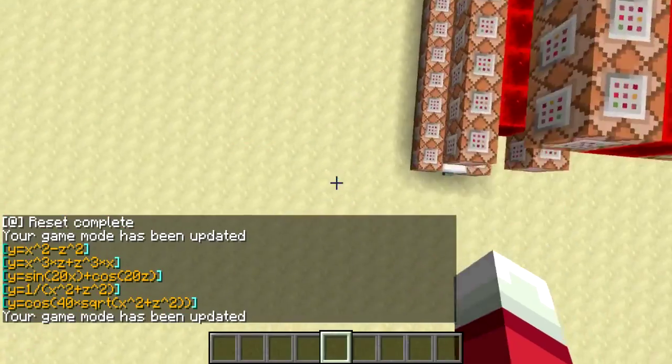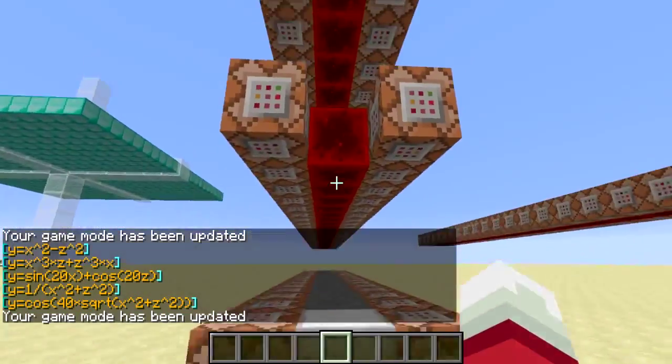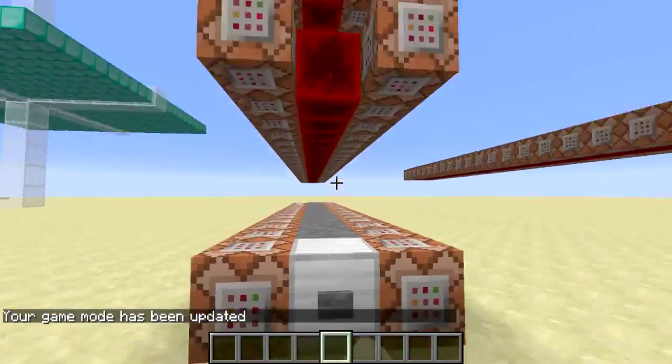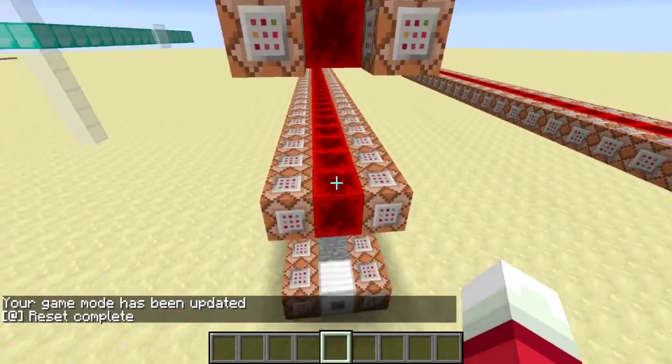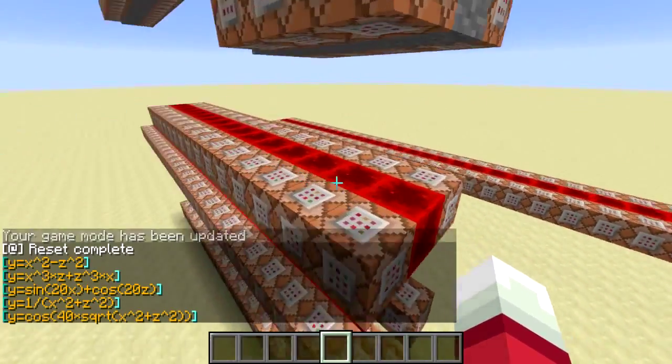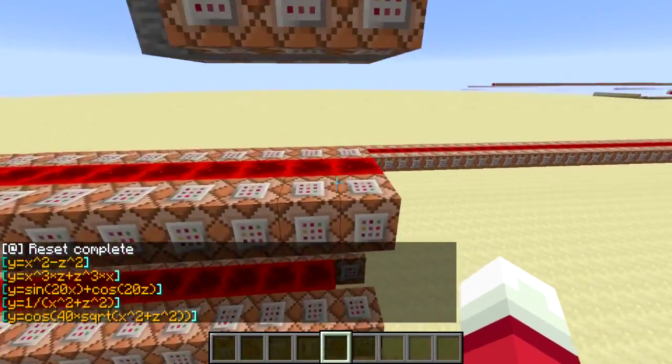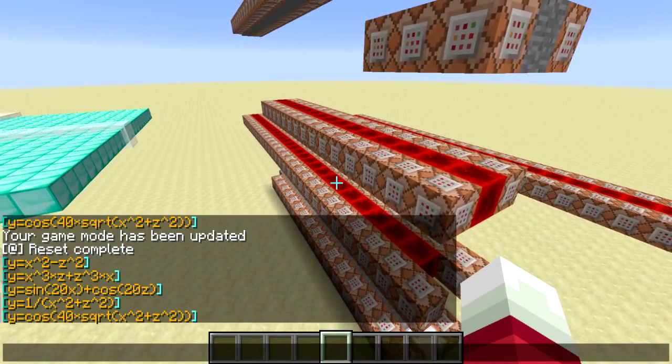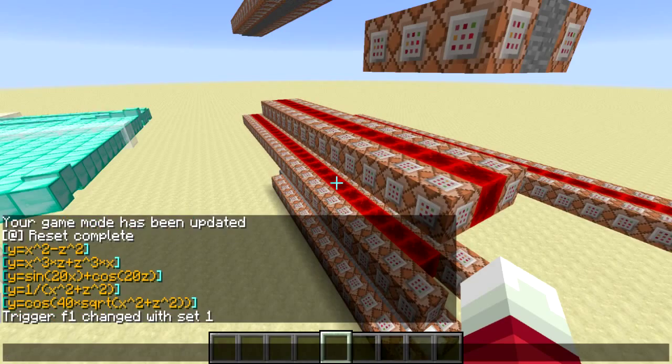And so when I push this button, the clock turns on by having a block here, and when the reset procedure is done, it turns on this clock, which then listens for when the player clicks on one of these chat messages.